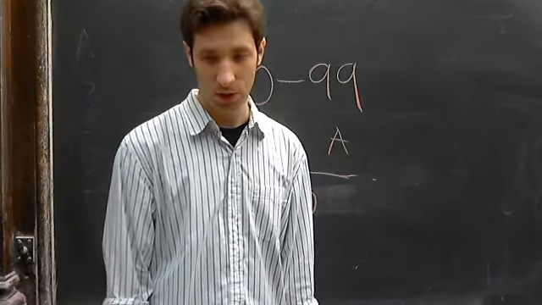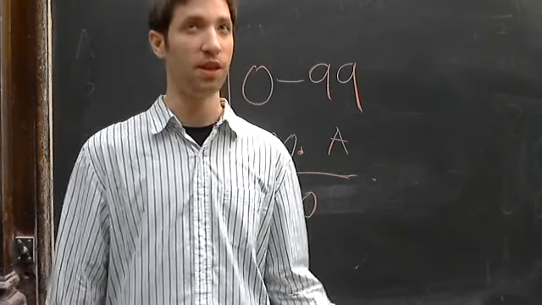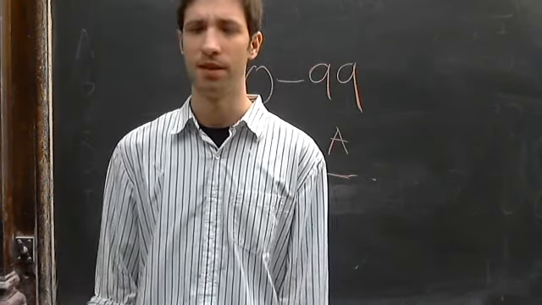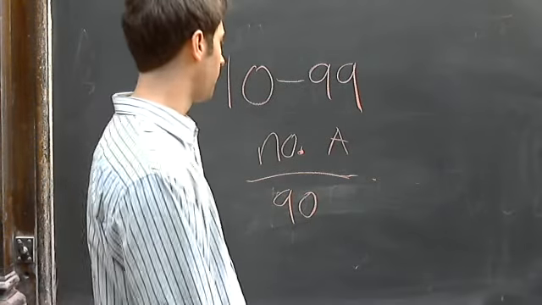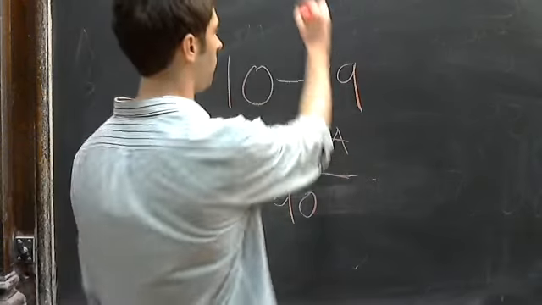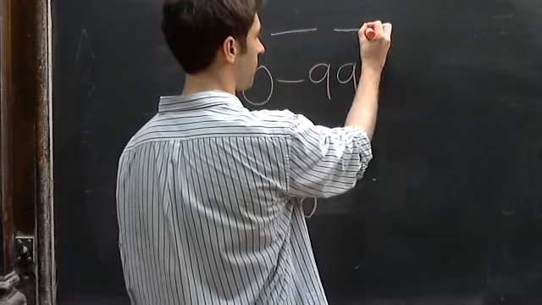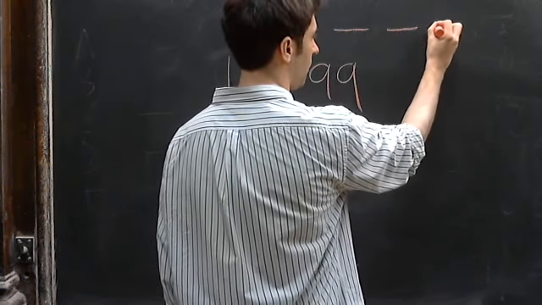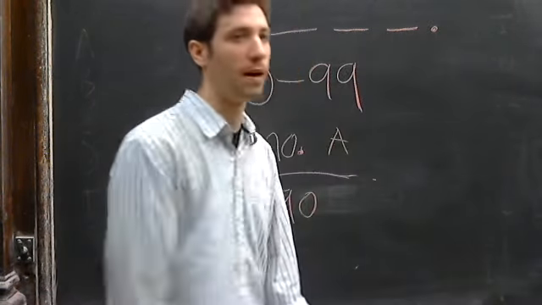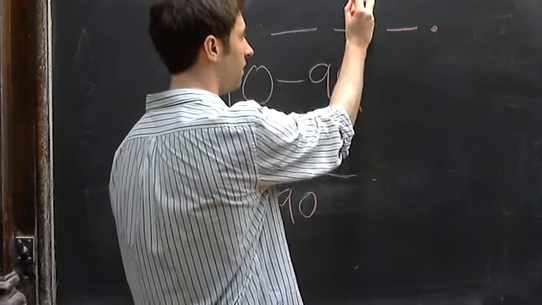So the first question is, what's the probability of something happening within the tens place, I believe it is. So the tens place, this is the hundreds, this is the tens, this is the units, and then there's the decimal point 0. So the tens place is going to be here.